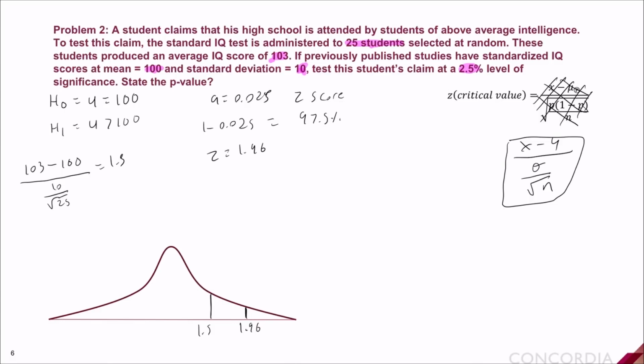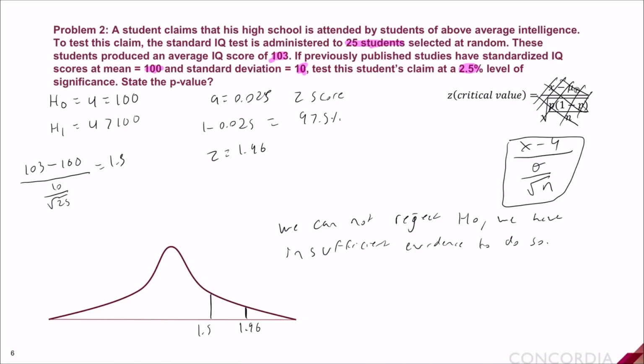Since our critical value is to the left or below our cutoff point, we have to say that we cannot reject H0. We have insufficient evidence to do so.